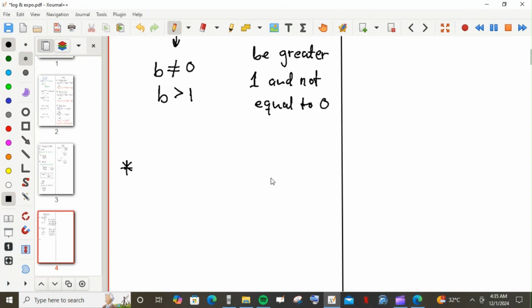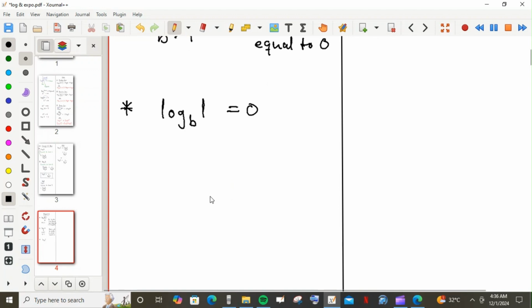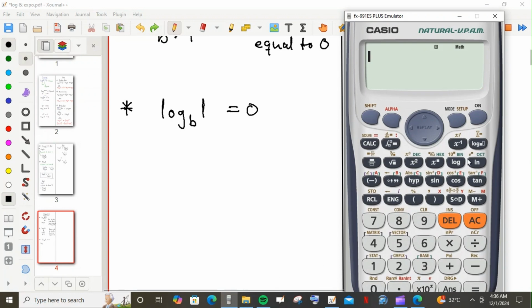All right, now another one. Log 1 to any base is 0. Log 1 to any base at all is 0. Let's check with the calculator and see whether it's true.